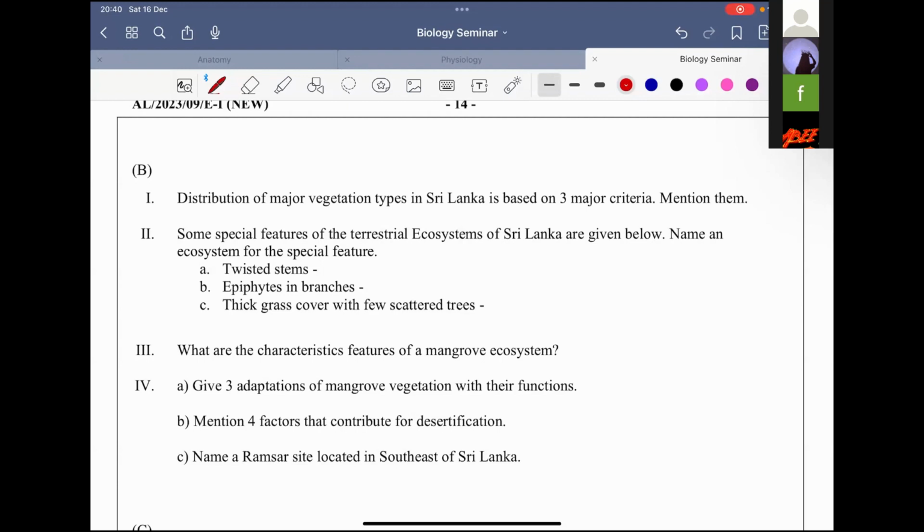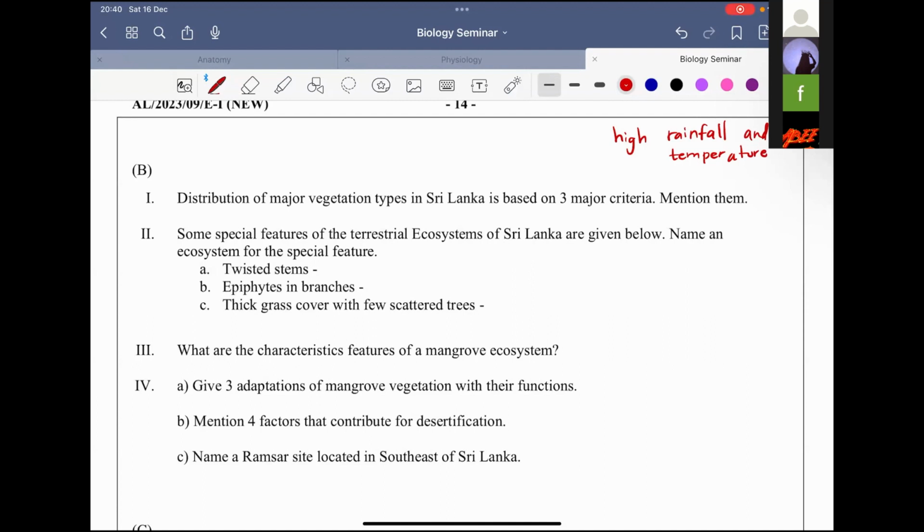Therefore it will experience a climate with high rainfall and temperature. Due to this, there is a wide array of terrestrial and aquatic ecosystems, right?